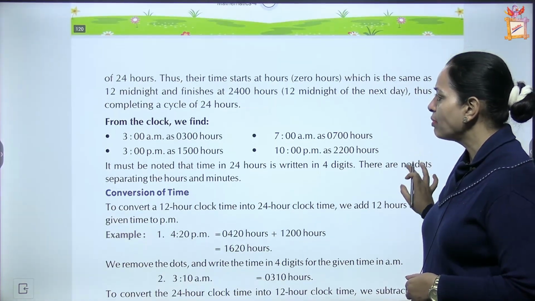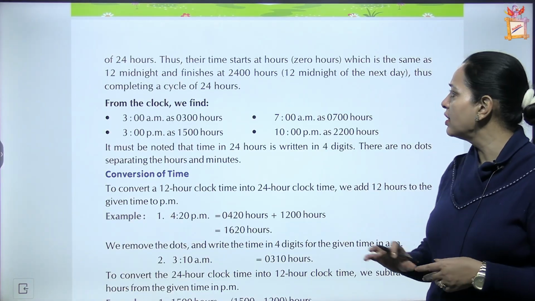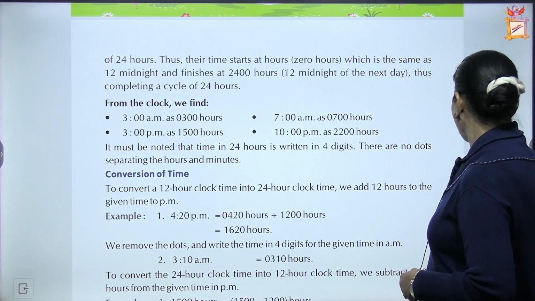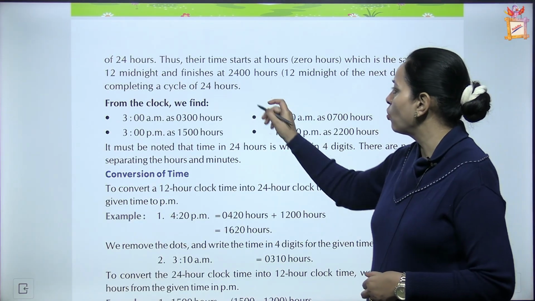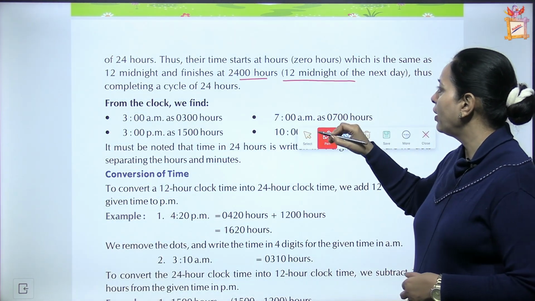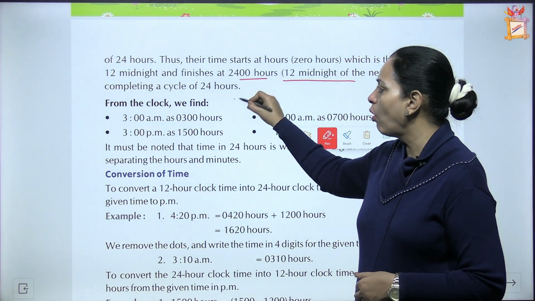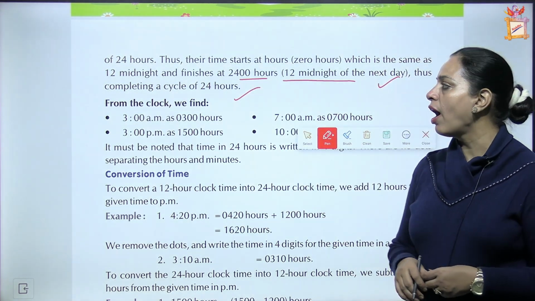So their time starts at 0 hours, which is the same as 12 midnight, and finishes at 24:00 hours, meaning 12 midnight of the next day, thus completing a cycle of 24 hours.